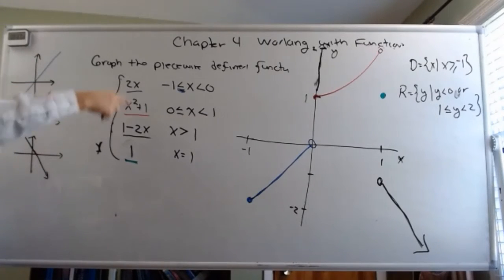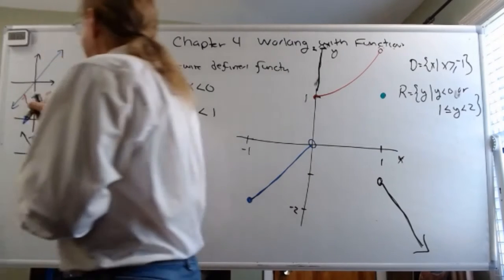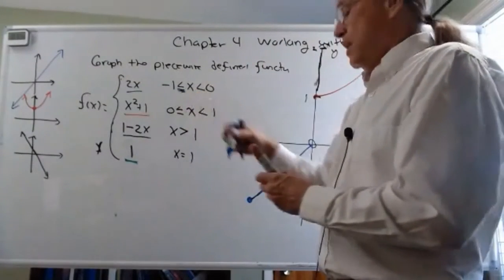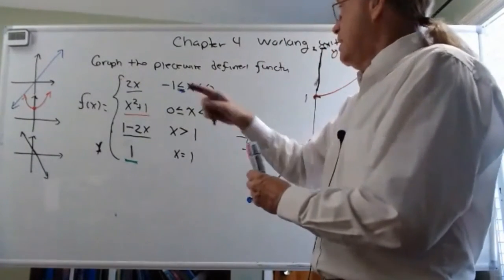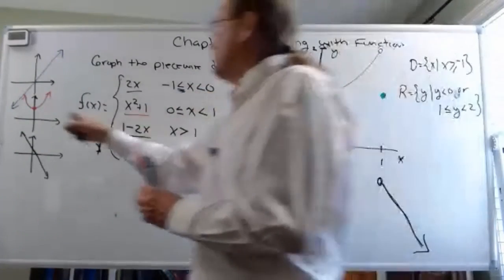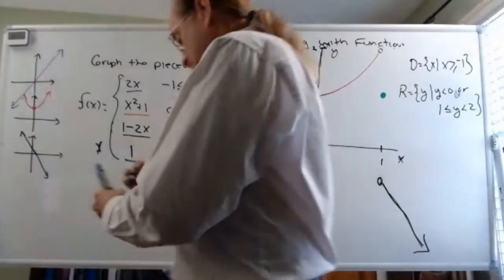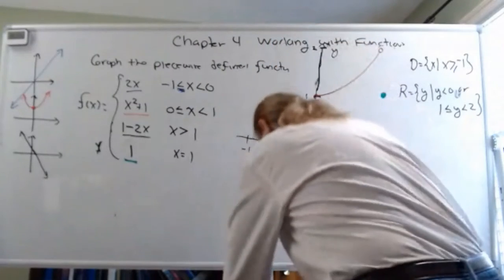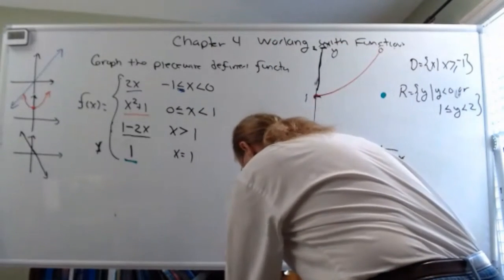Okay, so I have these three graphs. I'm not worried about that. That's just a point value. And I'm only going to graph these three graphs over these intervals. So for the first one, I'm only concerned about -1 up to 0. So from -1 to 0. So this is, I'll put it in green, the region that is satisfied for.